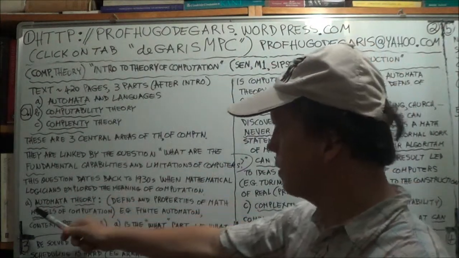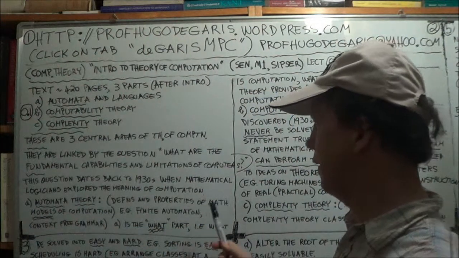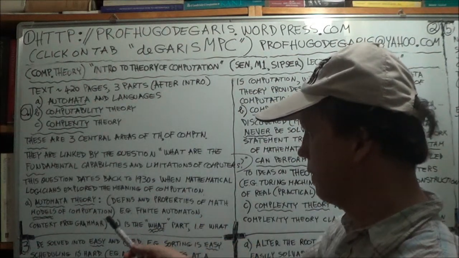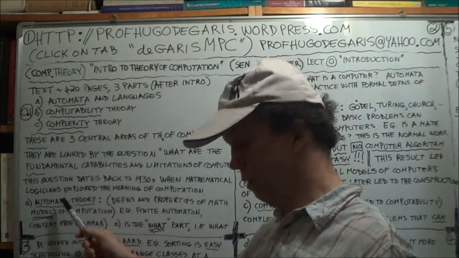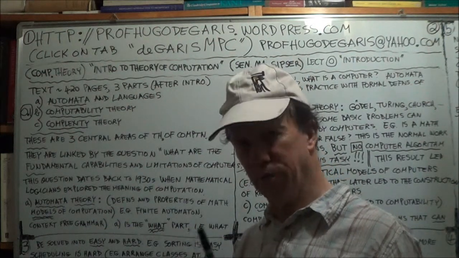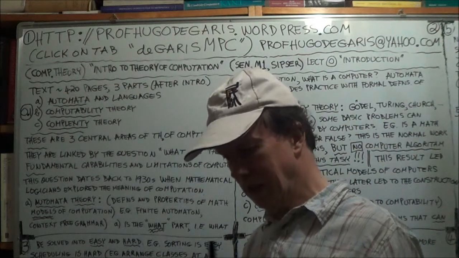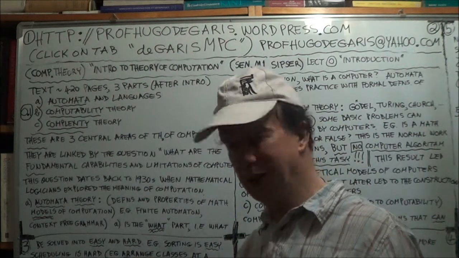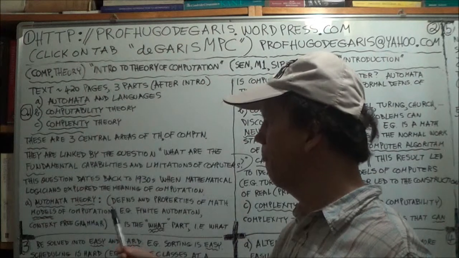Okay, so what's automata theory? So what is an automaton? Well, it's sort of another name for a machine, but it's a computing machine, a machine that computes in some sense. I'm being deliberately rather vague.